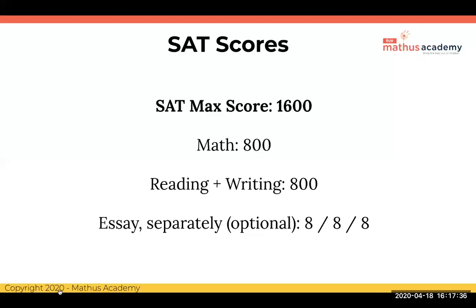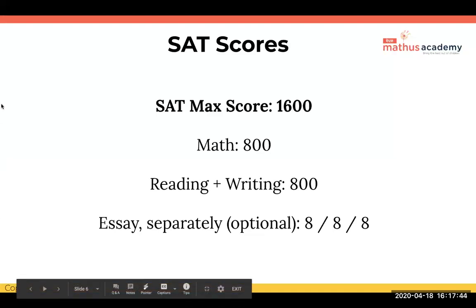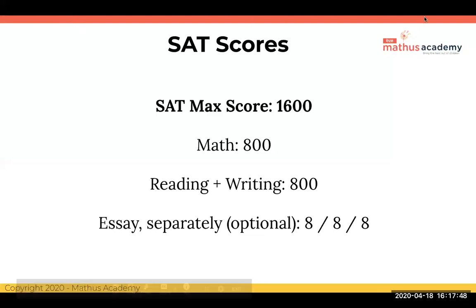Math, reading and writing, everything else is either multiple choice or what they call grid-in questions. They're like fill-in-the-blank questions, except that you don't fill a blank, you actually fill a grid, so that they can be graded by machines.